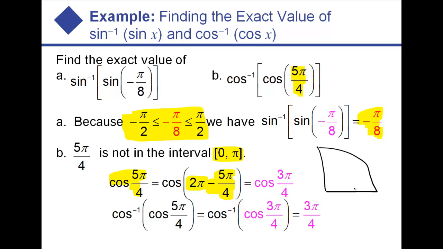If we're at 5 pi over 4, 5/4 pi, we're all the way down here, right? Because this is pi. So if we do 2 pi minus 5 pi over 4, we're going to get the same angle, but it's going to be in the quadrants we need it to be.